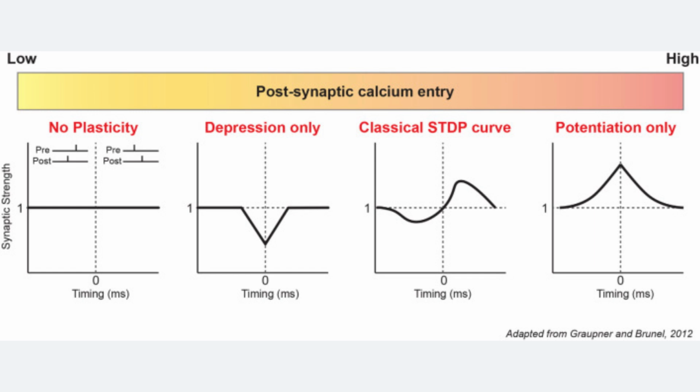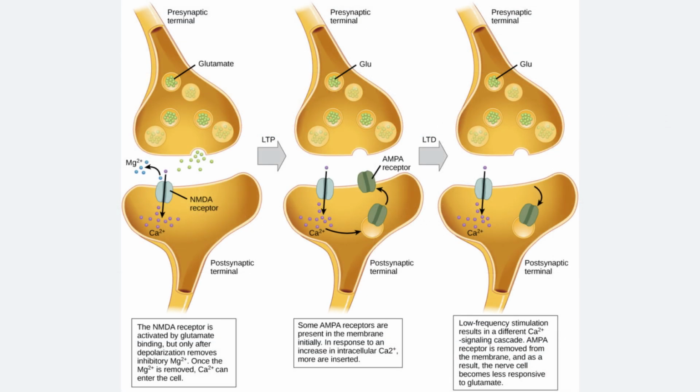A big surge of calcium, for example, due to nearly coincident pre- and postsynaptic firing, activates calcium/calmodulin-dependent protein kinase 2 and other pathways that strengthen the synapses or the scaffolding proteins, while a modest calcium elevation favors the protein phosphatases, like calcineurin, that weaken the synapse or the scaffolding proteins.